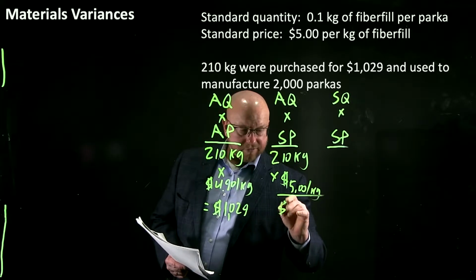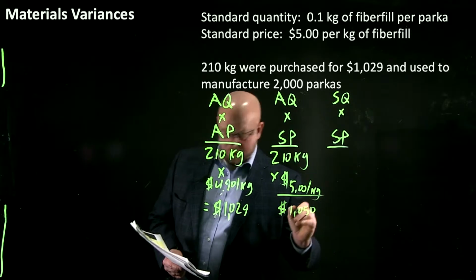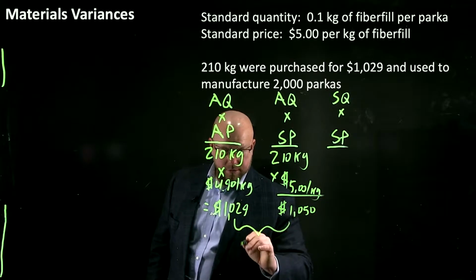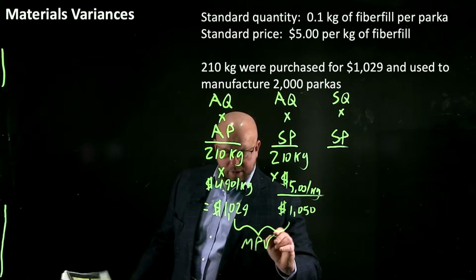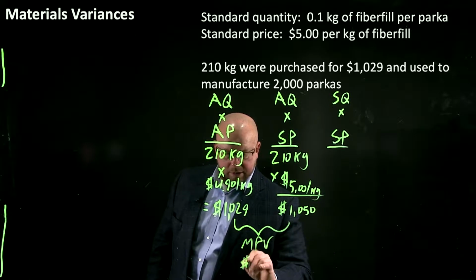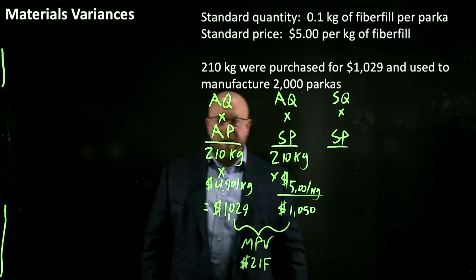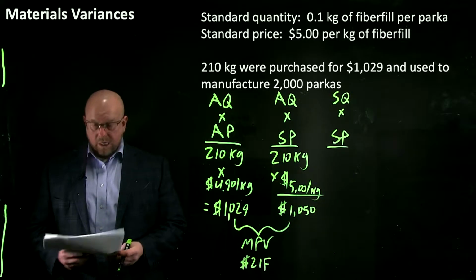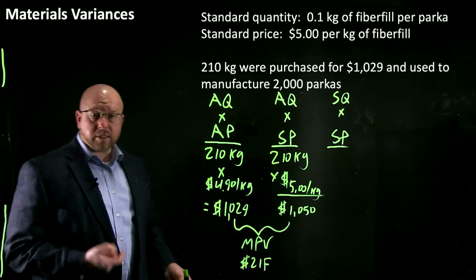That comes out to $1,050. And what we see here, no surprise, is that our materials price variance is going to be $21 favorable, which we predicted because the actual price was less than the standard.